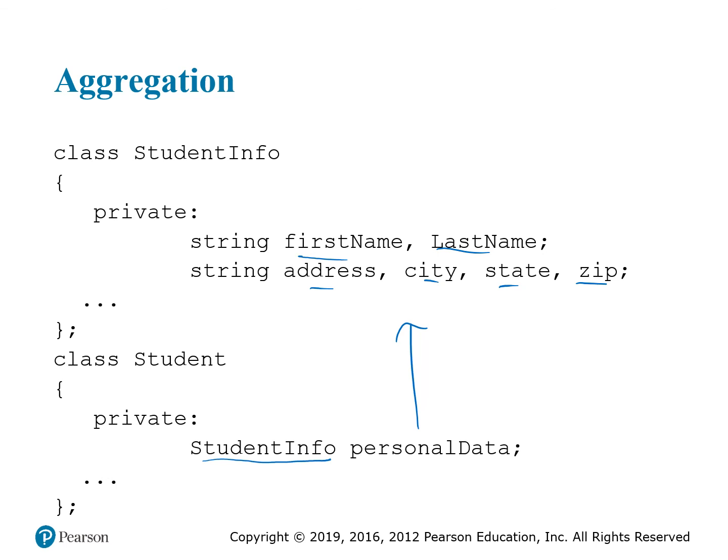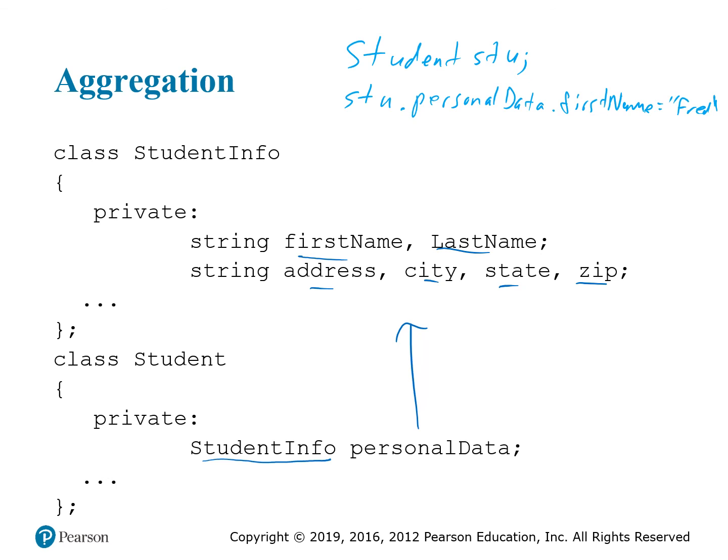And so if we had student Stu, we could say Stu dot personal data dot first name equals Fred.